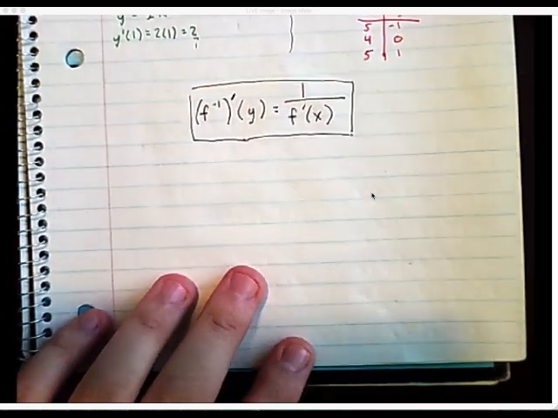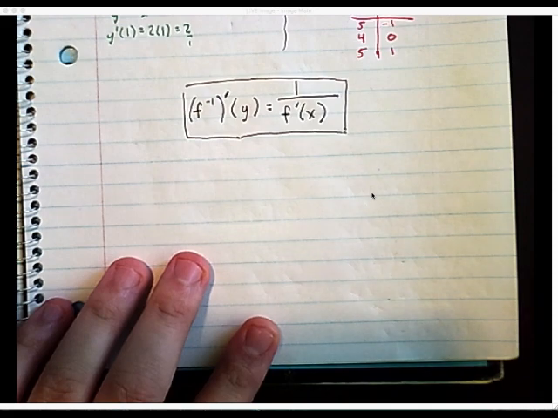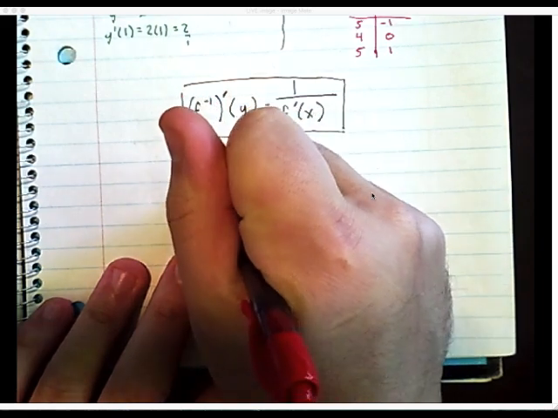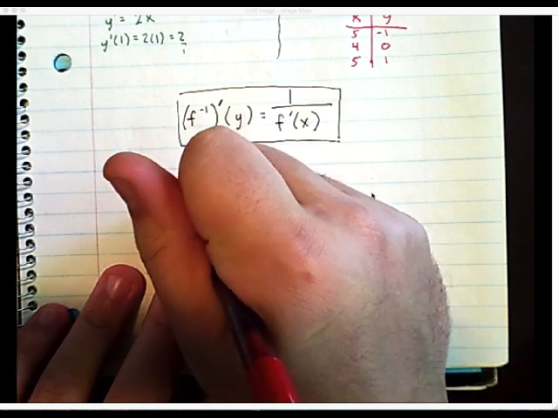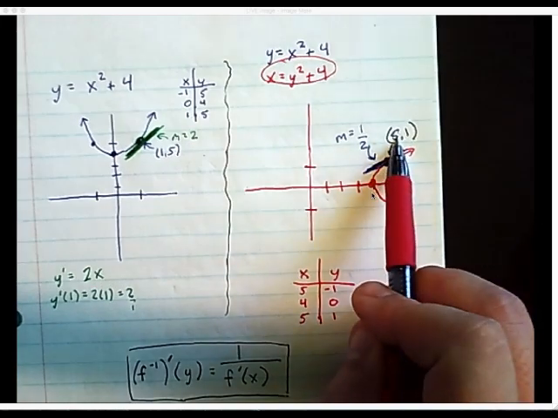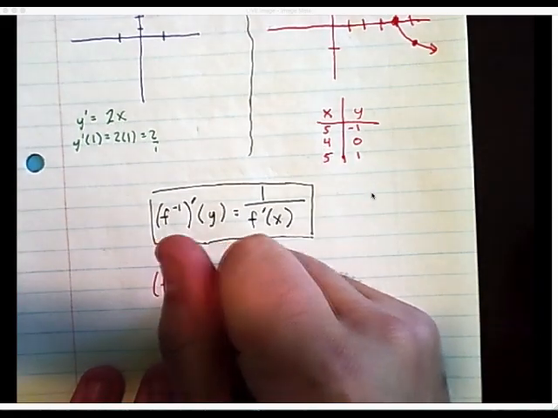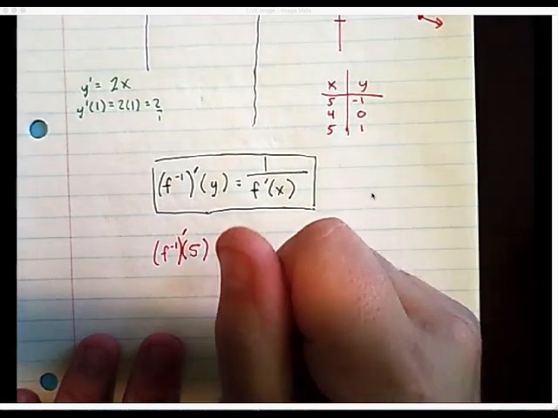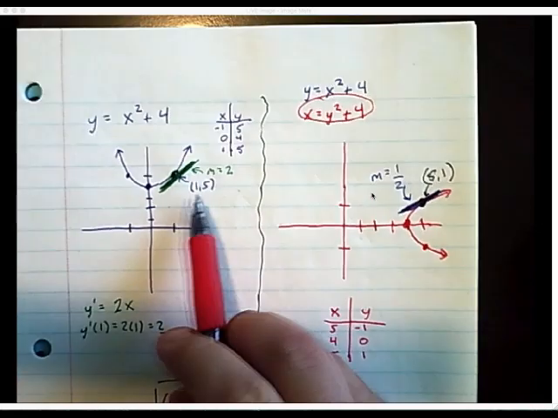So thinking back to the example here, if I wanted to write it here like f inverse, or I should say f inverse derivative at that x value, at that x value, 5, equals 1 over f prime at that x value of 1.